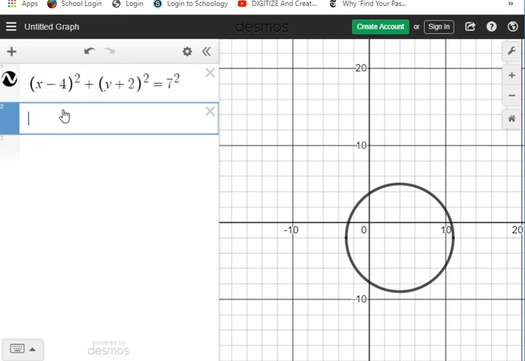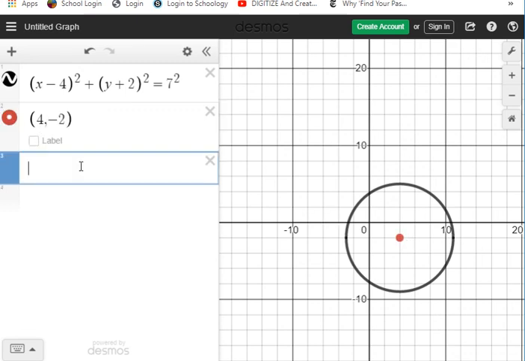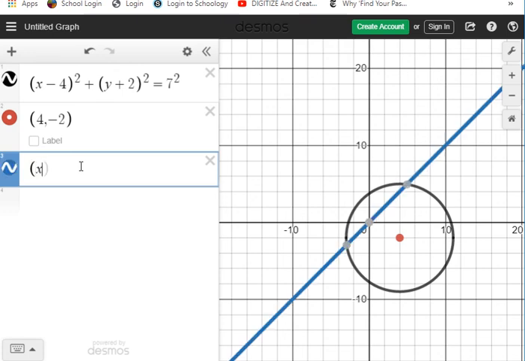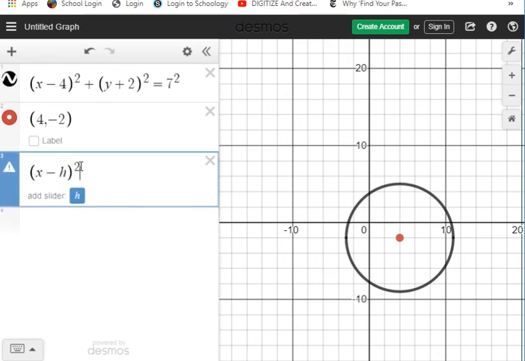The reason it's going to be 4 comma negative 2 is because the general circle equation is x minus h, squared, plus y minus k, squared, equals r squared. Okay. And so the thing to note here is that you have the negative h, and so the negative as part of this formula is natural, and so the h value itself is just going to be 4.